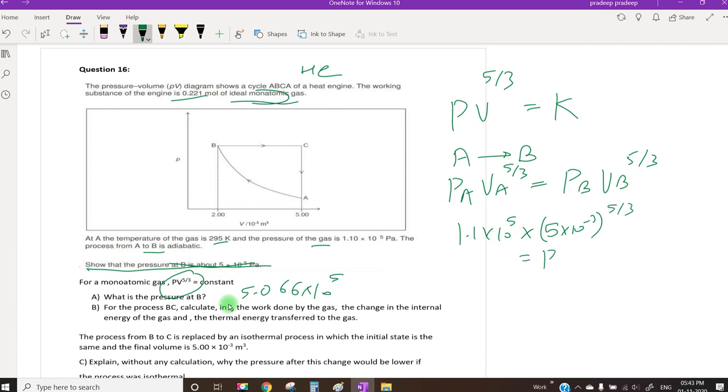That will be equal to pressure at B, which is what you need to find, and the volume at B is 2 times 10 to the power minus 3, to the power 5 by 3. Now if we solve for this, Sheldon, the value of PB you should get as 5.066 or 5.07 into 10 to the power 5. Is that okay, Sheldon?